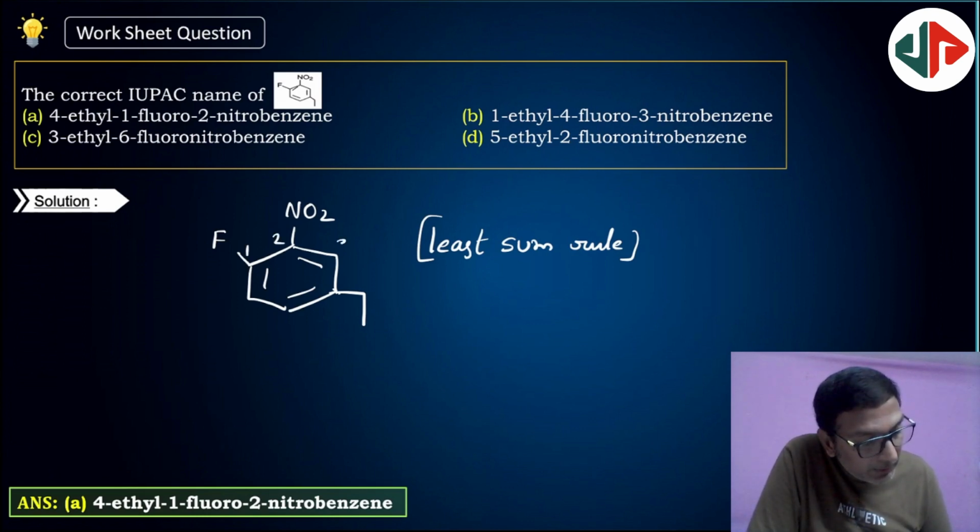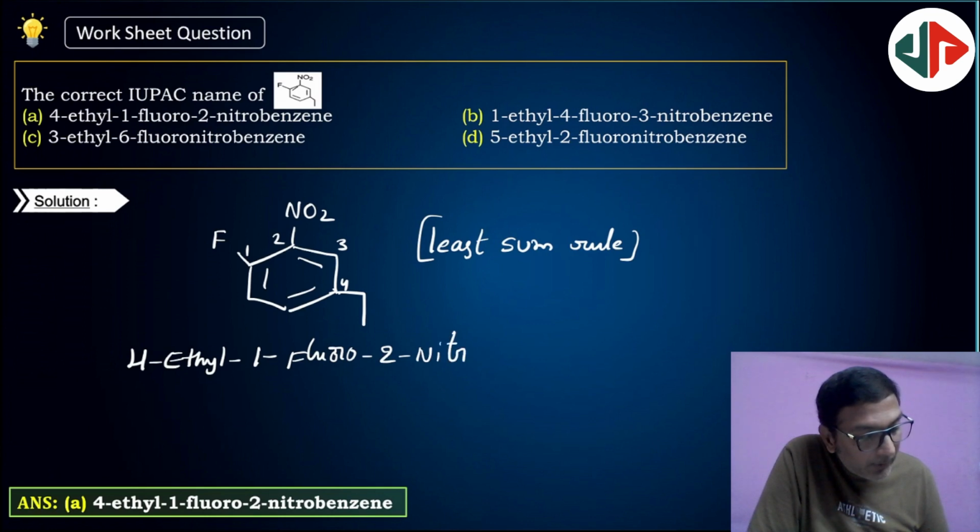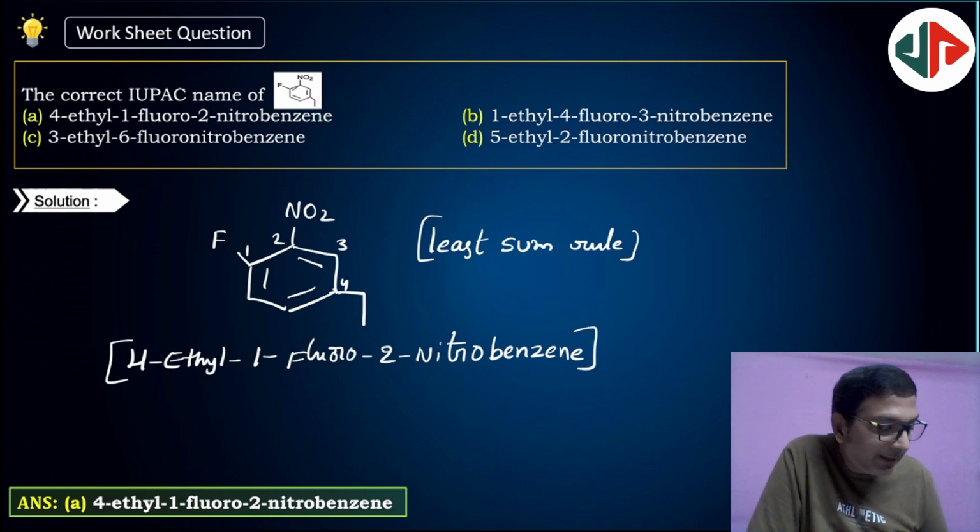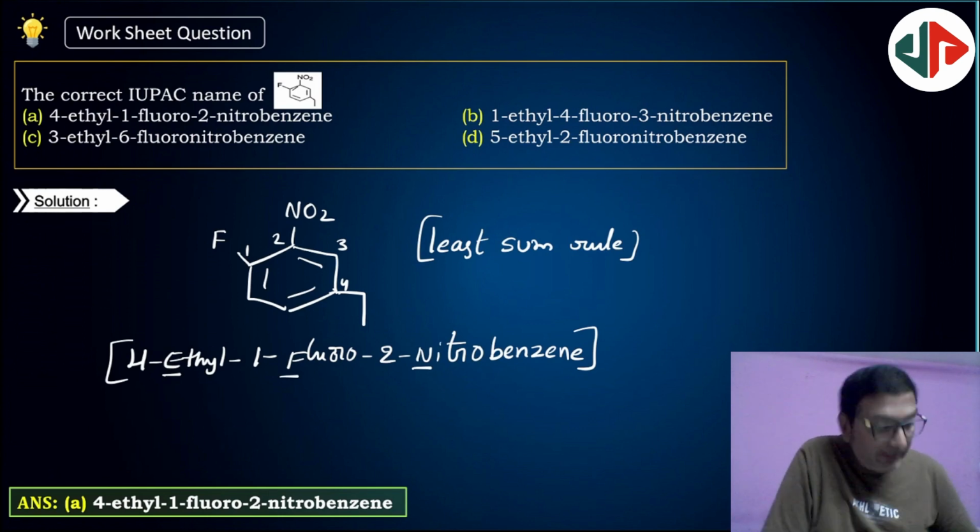Here 1, 2, 3, 4. So the name will be, in alphabetical order, first 4-ethyl, 1-fluoro, next 2-nitro, benzene. Substituents must be in alphabetical order: E, F and N. Therefore option A, the least sum rule must be followed.